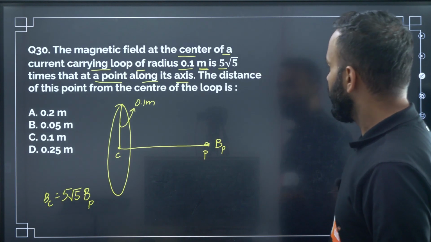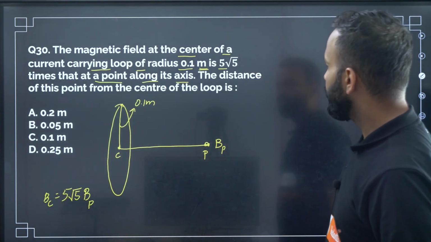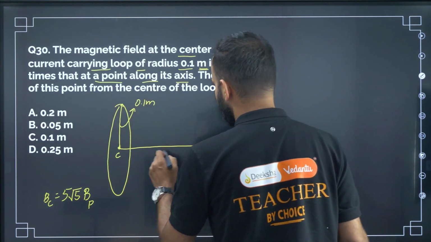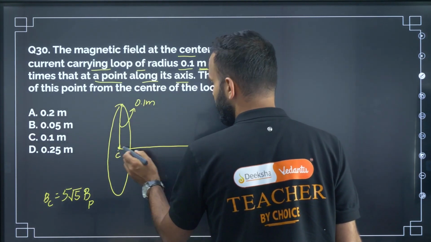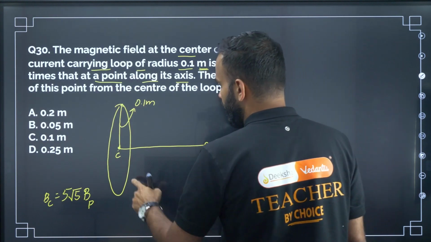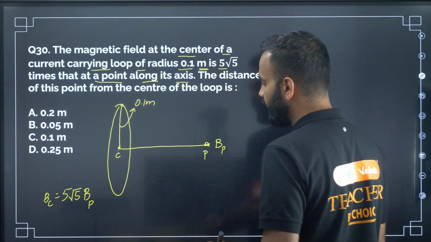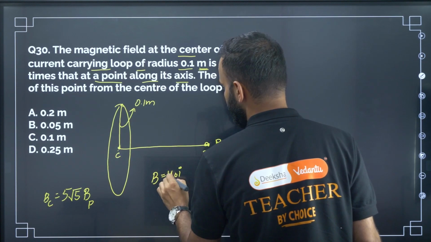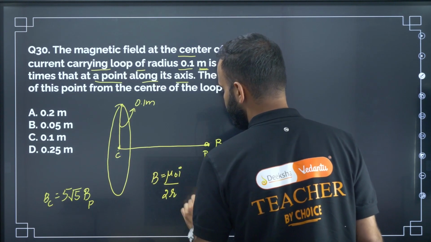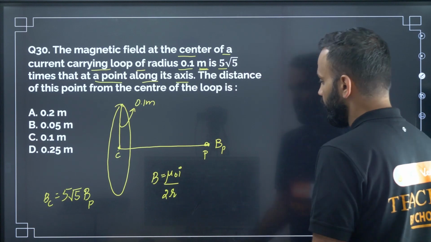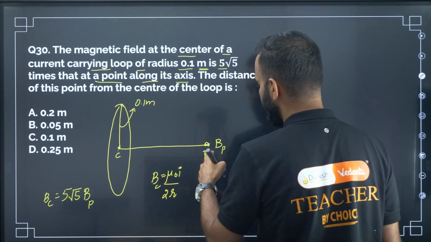Now we need to find the distance of this point from the center of the loop, that is, the distance between C and P. At the center of the loop, the magnetic field is B equal to mu naught I divided by 2R. And what is the magnetic field at point P?